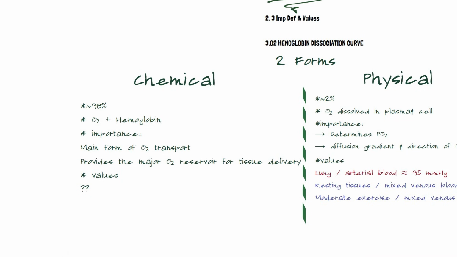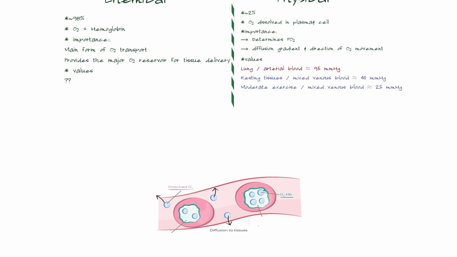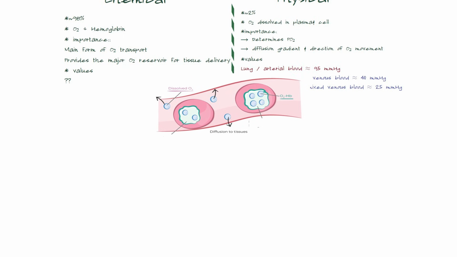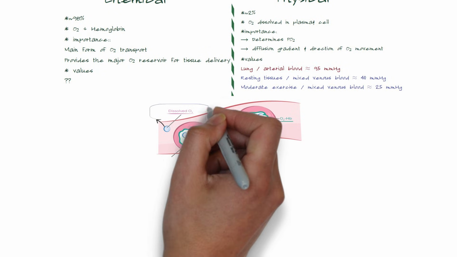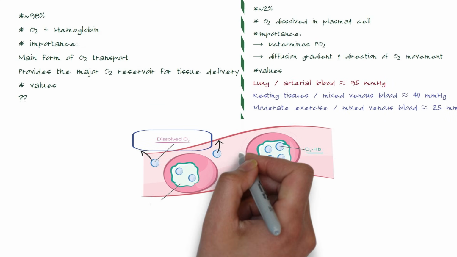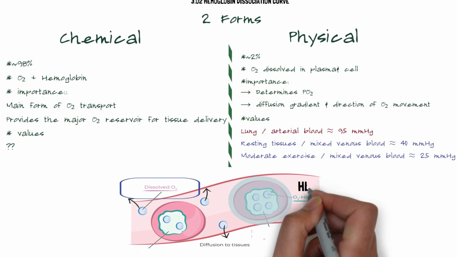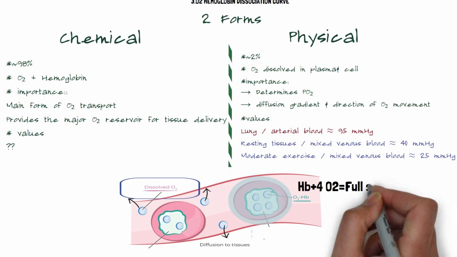But remember that we are now going to discuss the three main important definitions and values for oxygen. But before this, let's say that we have two forms in the blood: one form of oxygen is dissolved, the other is bound to the hemoglobin. The maximum amount of oxygen that one hemoglobin can carry is 4.